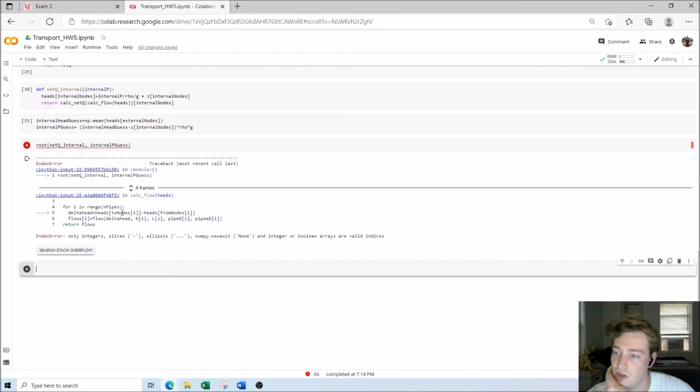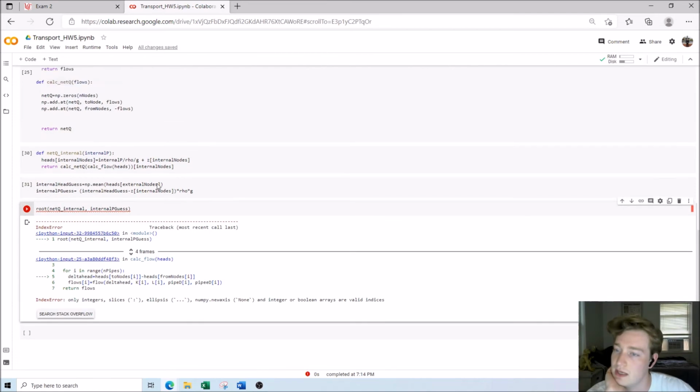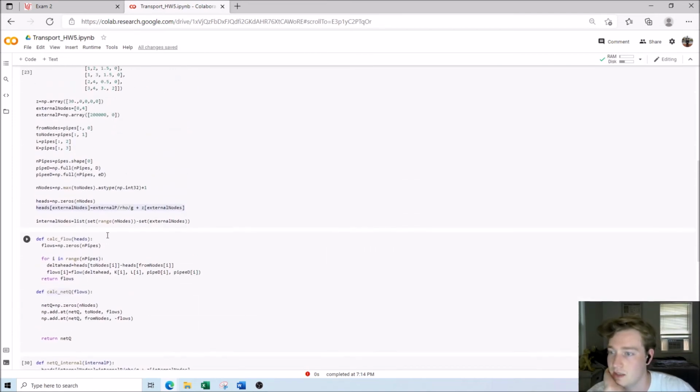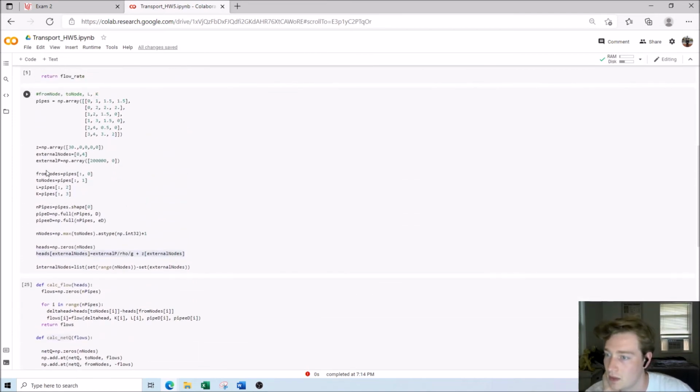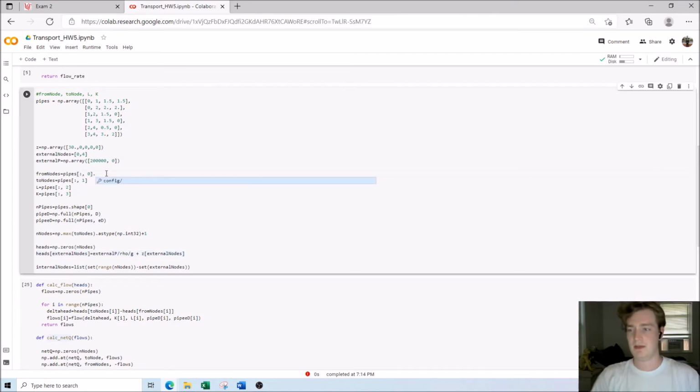So the heads of the two nodes, saying the problem is here. Only integers, slices, ellipses. Heads of the two nodes and heads of the from nodes. Let's see here. Yep. You know what? These probably need to be integers as well.